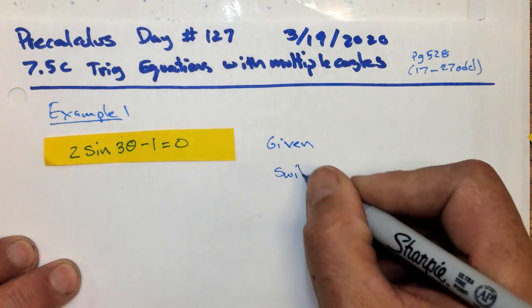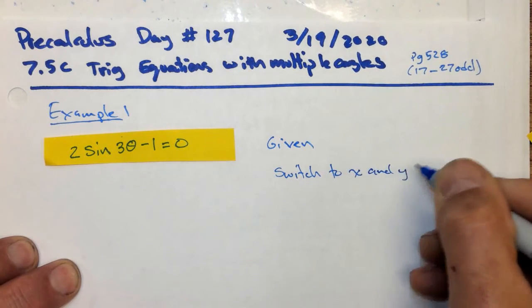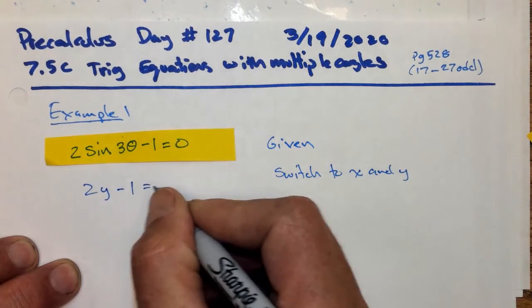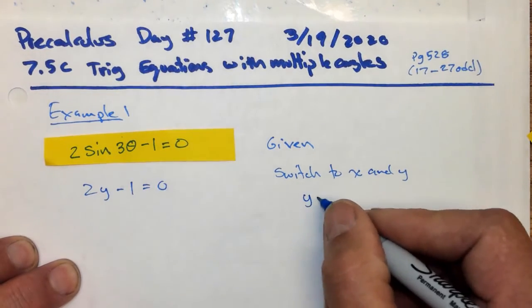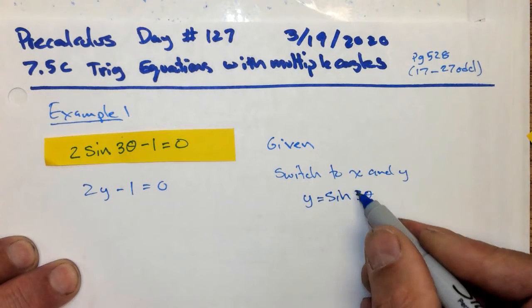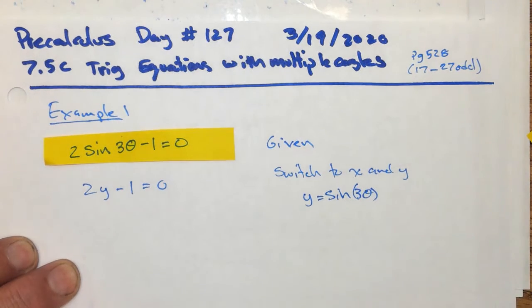I'm going to do that. Sine is the y, so that we have 2y minus 1 equals 0. We could do that. We just have to know y equals the sine of 3 theta. Our theta here is now just going to be replaced with 3 theta.